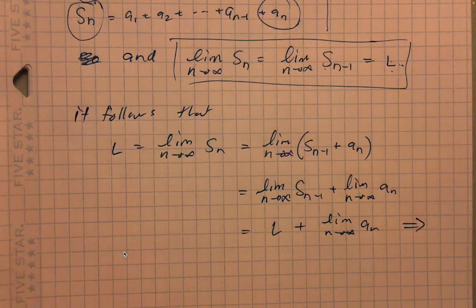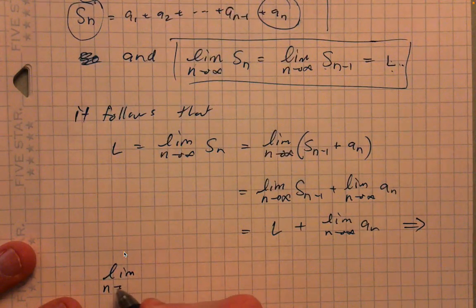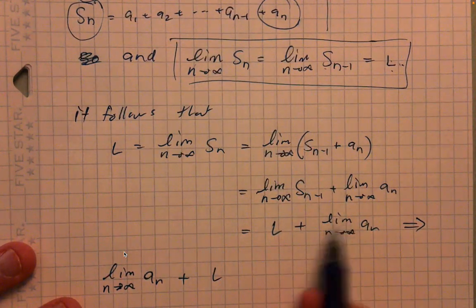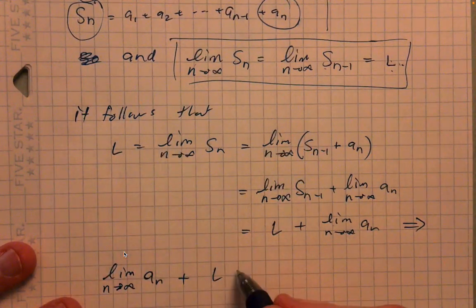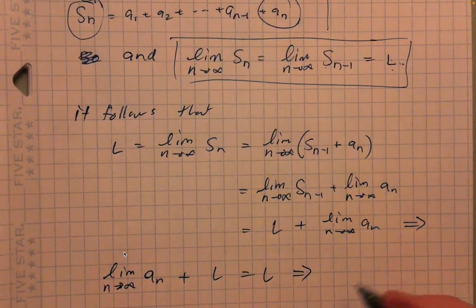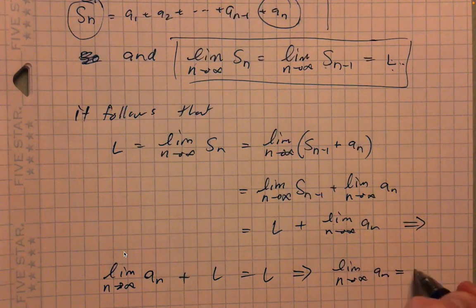So then what happens? Well, what we have is that the limit as n goes to infinity of a of n plus L is equal to L. So it just falls right out of there. That means the limit as n goes to infinity of a of n must be 0.